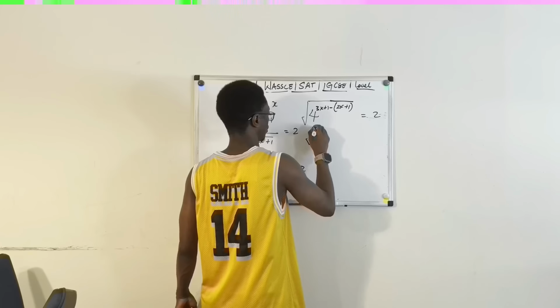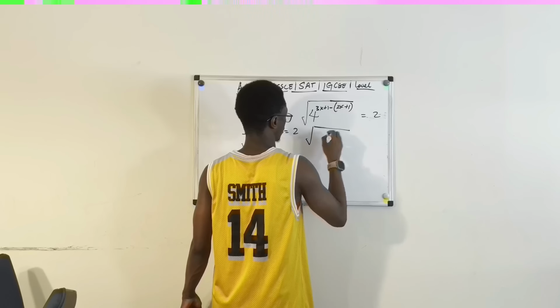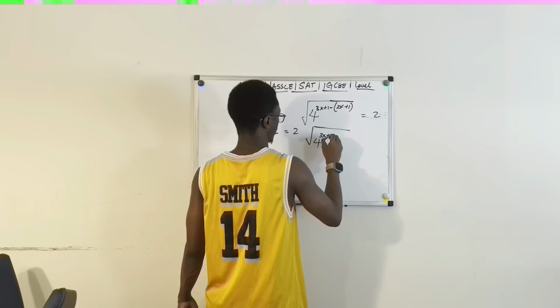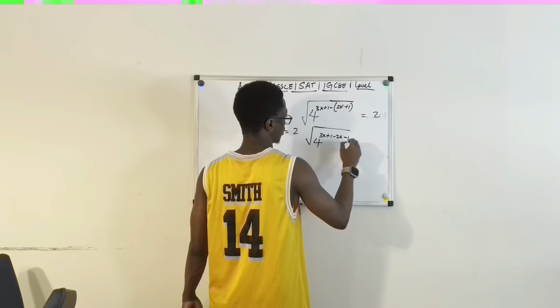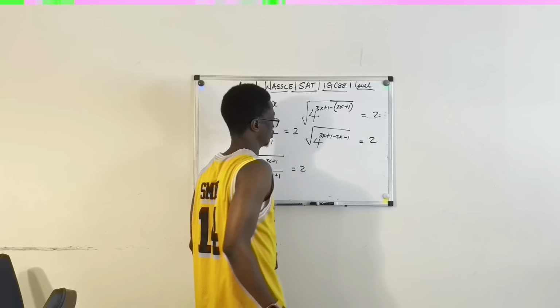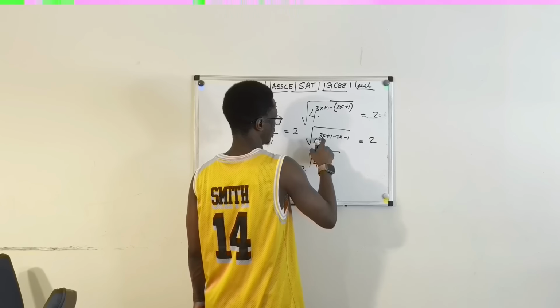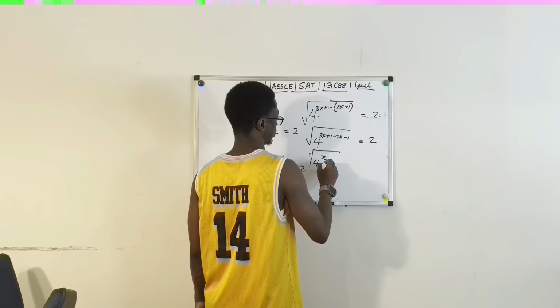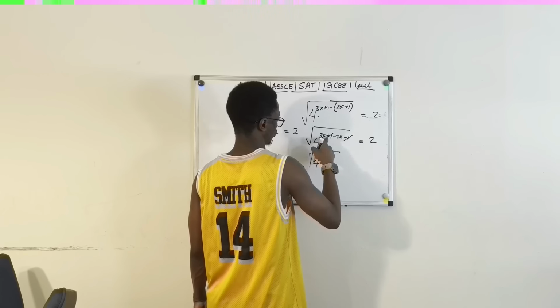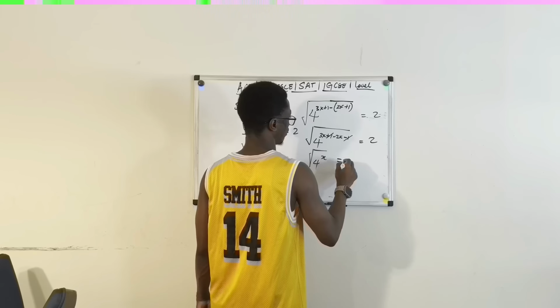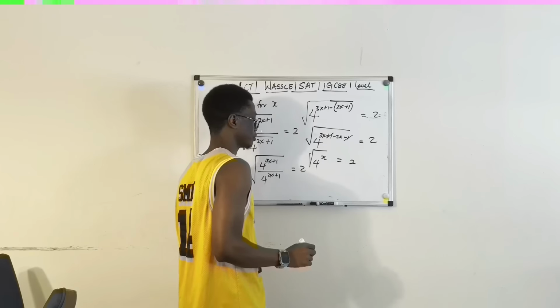This becomes square root 4 to the power 3x plus 1 minus 2x minus 1 equals to 2. So now it becomes square root 4 to the power, this and this becomes x. This and this cancel because this is plus 1 and that minus 1, right? Yes, so everything becomes 2.